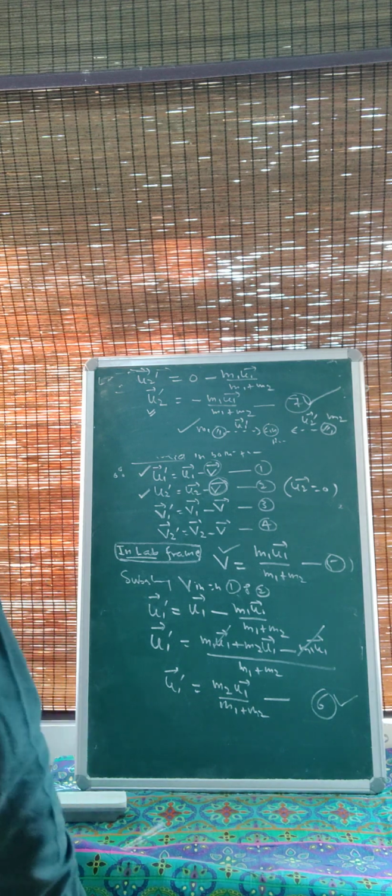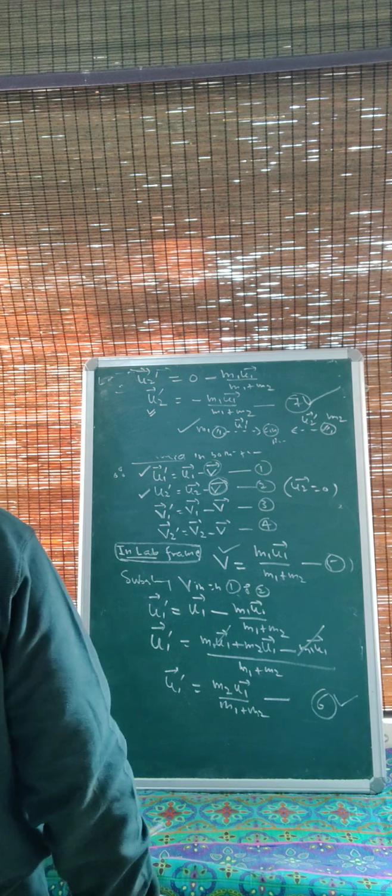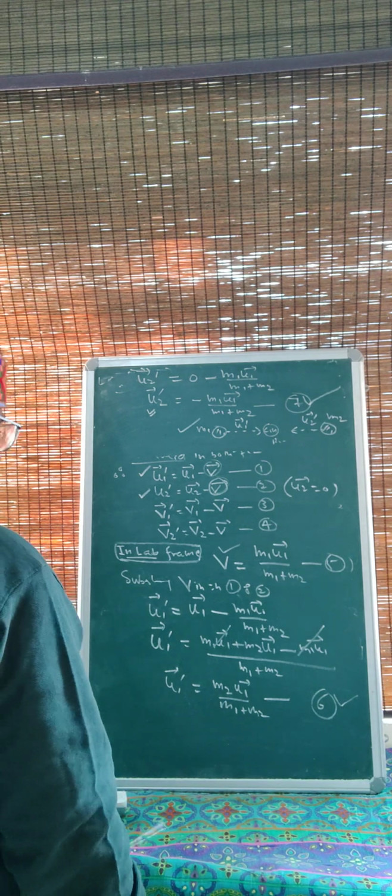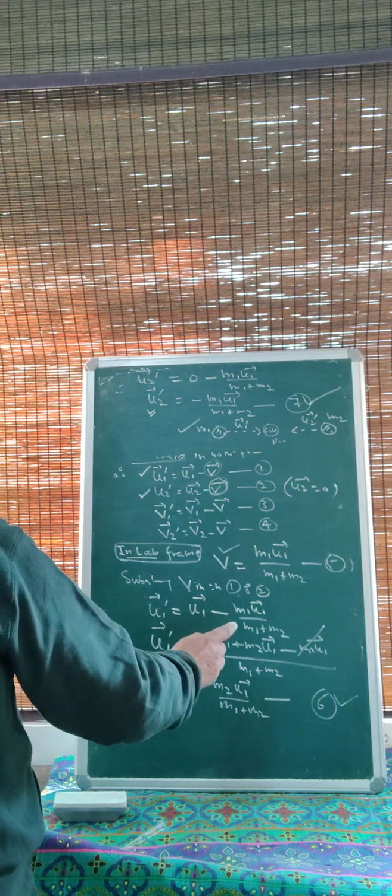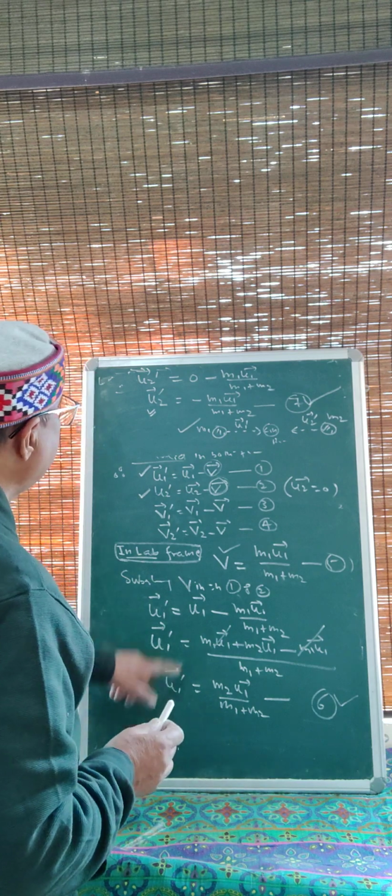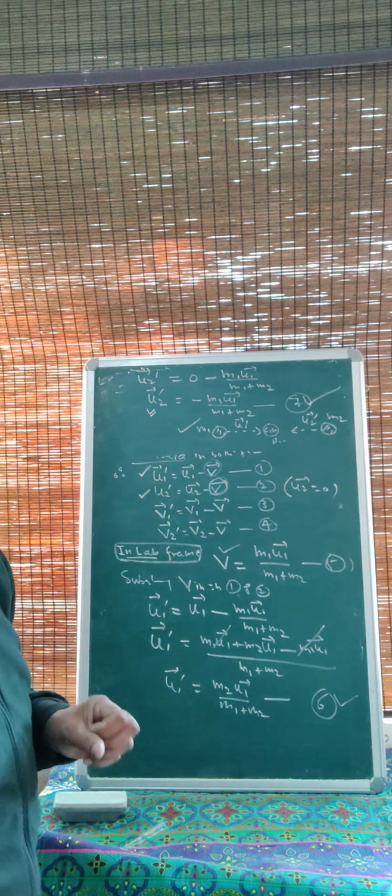So these velocities u1 dash and u2 dash are opposite to each other.